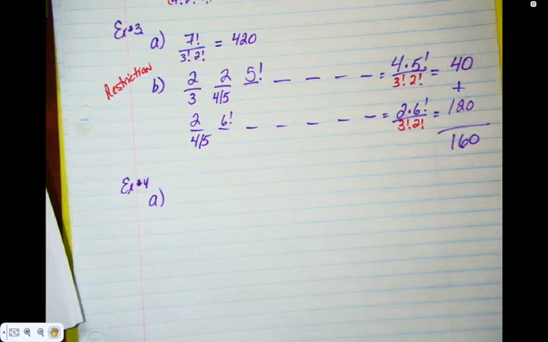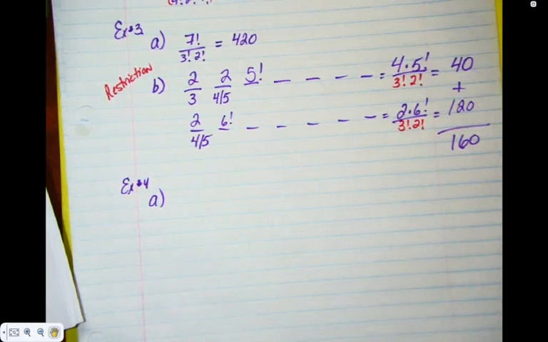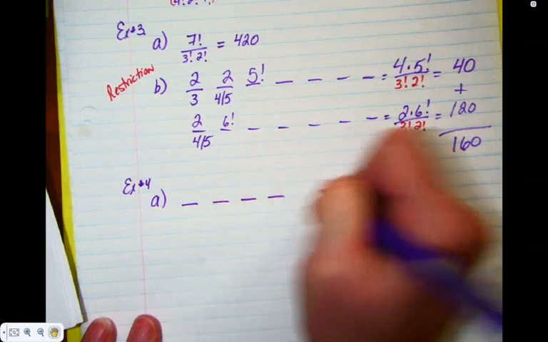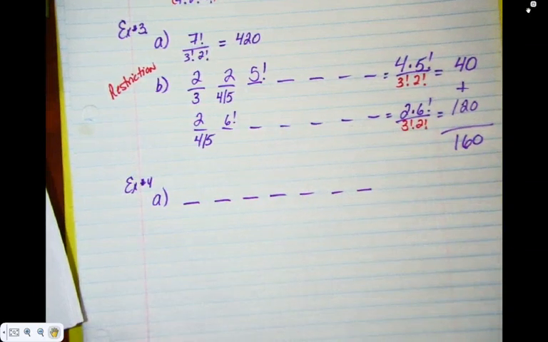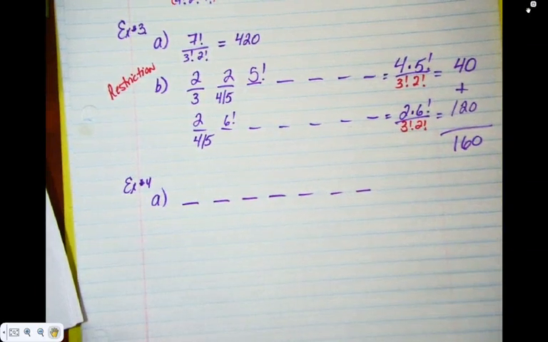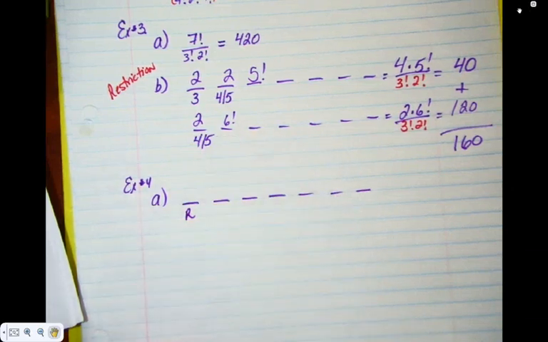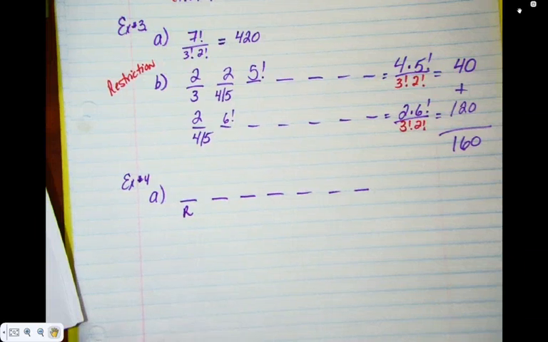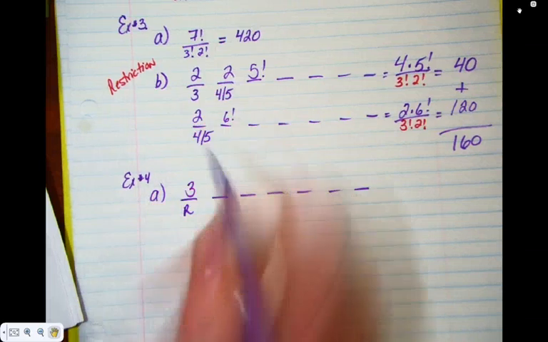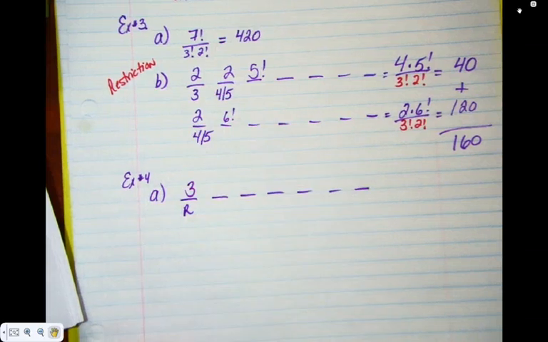Okay, how many blanks? 7. What's the restriction in part A? Must begin with the letter R. Does any other blank matter? How many R's do we have to choose from? 6.